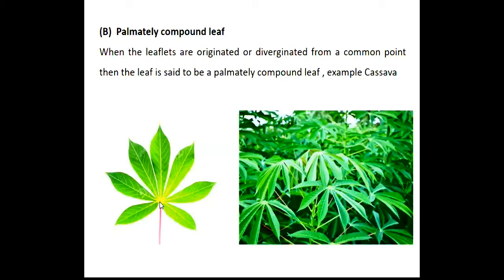No single central vein is present in this leaf. There are 7 prominent central veins present here: 1, 2, 3, 4, 5, 6, 7. You get it? What is pinnately compound leaf and what is palmately compound leaf?